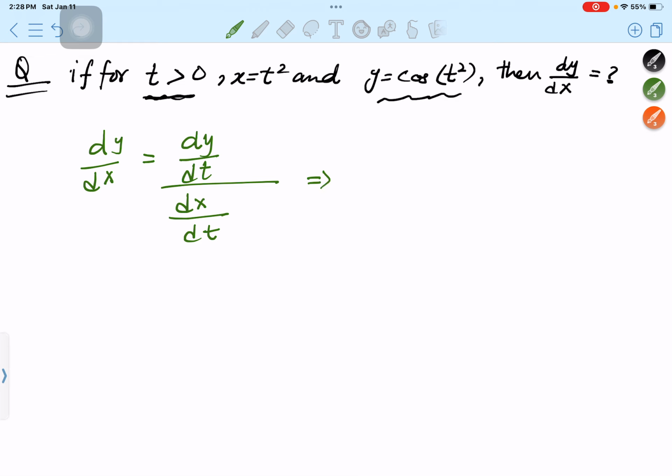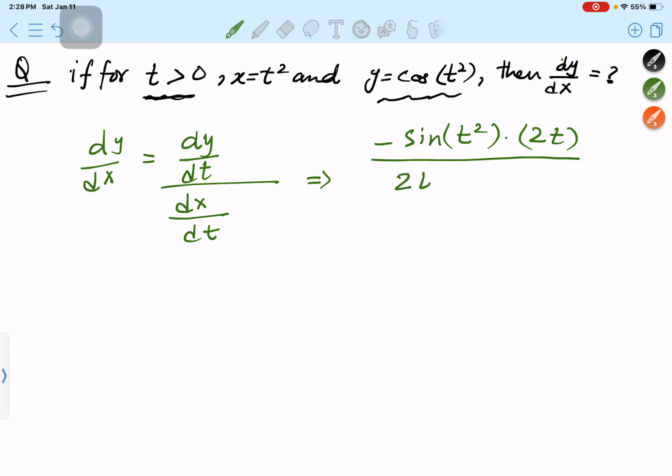So if we take the derivative of the y part with respect to t, the derivative of the outside will be negative sine. We leave the inside alone, t squared, but then we have to multiply by the derivative of the inside, so we'll multiply by 2t. The derivative of the denominator, t squared, will also just be 2t.